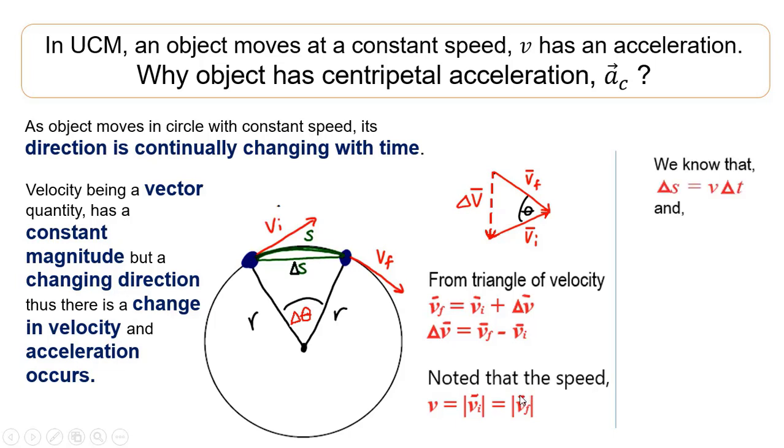From the definition of velocity, which is the rate of change of displacement, we know that delta s equals v delta t, and delta theta equals s over r, which is equal to v delta t over r and approximately equal to delta v over v.